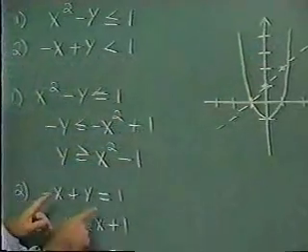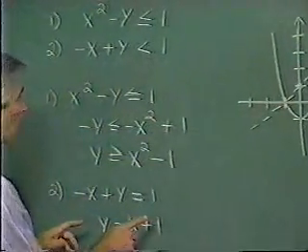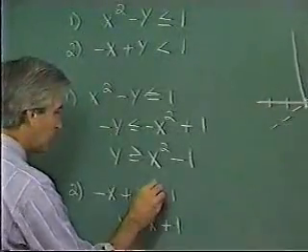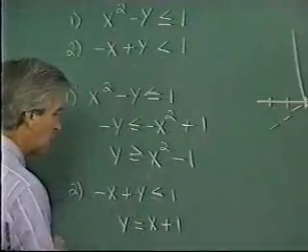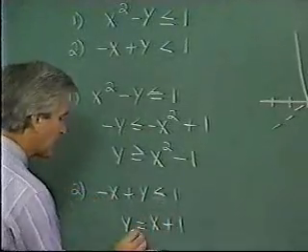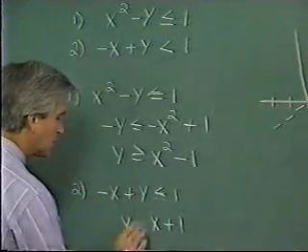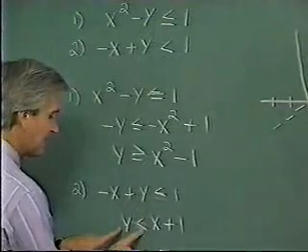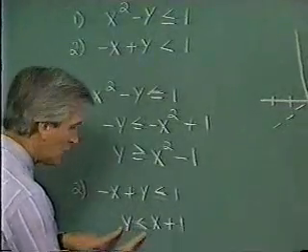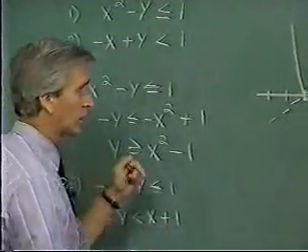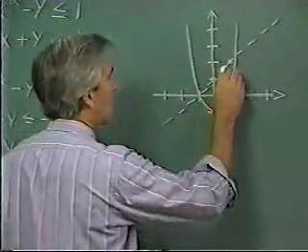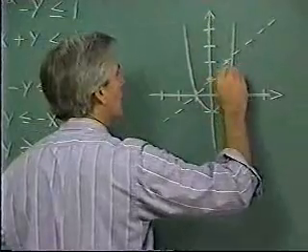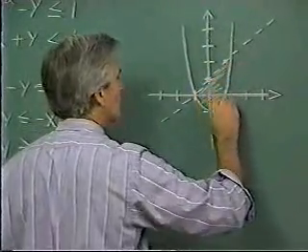Now, for the linear inequality, we had a less than symbol. So we're talking strictly less than here. And then solving for y, we still have the less than symbol. So y is less than, or below, x plus 1. So we're talking below the line, but above the parabolic curve. So we're talking about this region of our coordinate system.